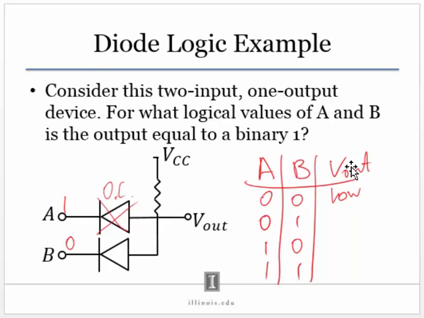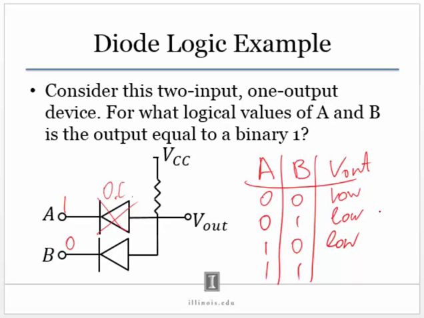Nothing changes if only one of the diodes is turned on and the other is turned off. So again the output is low, 0.7 volts. Obviously if we reverse the diodes A and B, the situation is similar, since they're exactly in parallel, and this is going to be low.